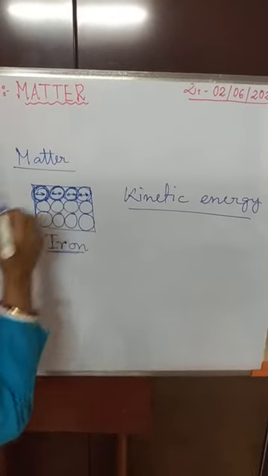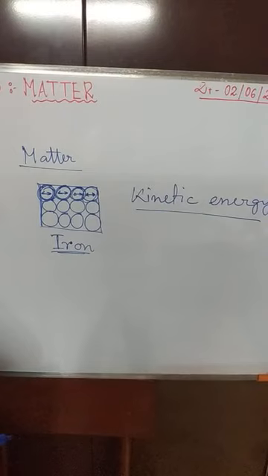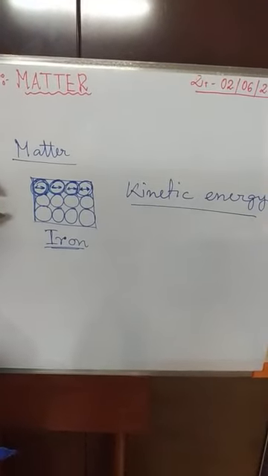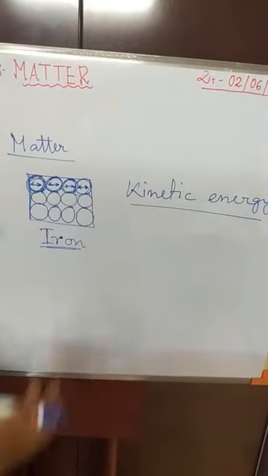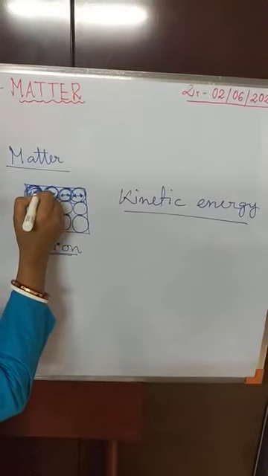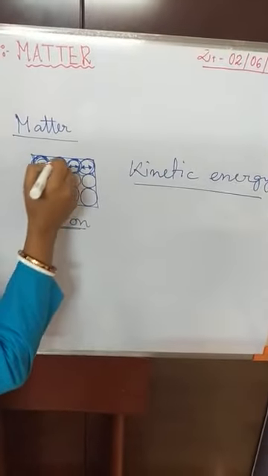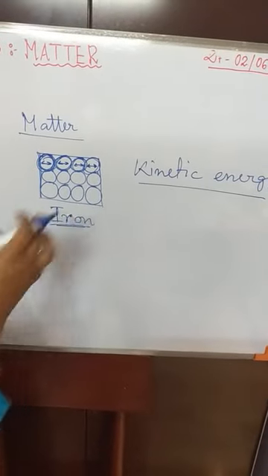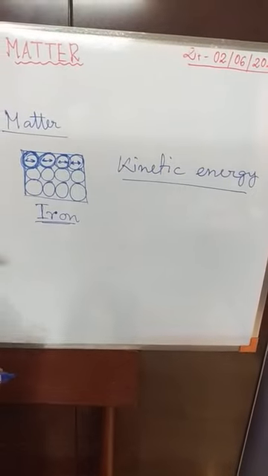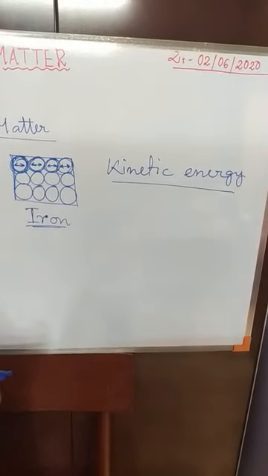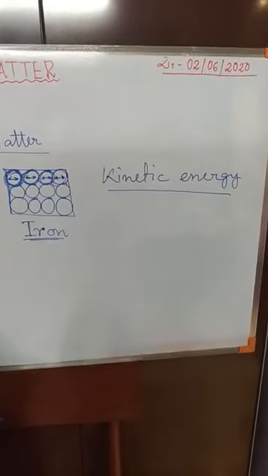This motion is called random motion. This random motion is less for solids, as these particles are closely and tightly packed, that's why the movement will be less for them.